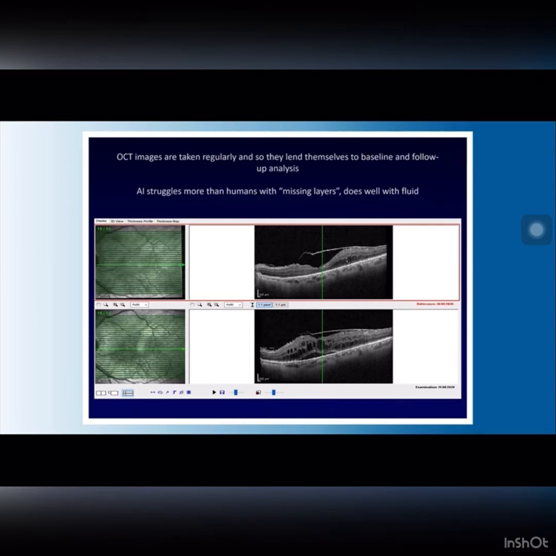And the reason for this is because some of the retinal layers have died away, and artificial intelligence doesn't cope very well with this, while the human eye does. So we need to make sure that when we monitor patients on longer term intervals, they get the right healthcare professional to look at their images.